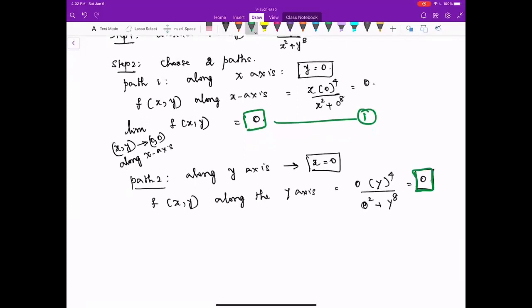So what are you concluding in this particular case? The limit as xy approaches the origin along the y-axis is equal to 0 also.